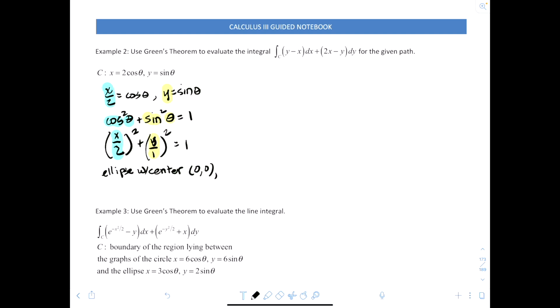And it's going to have a horizontal major axis. If you need to review your conics, you can go back to chapter 10.1, I think. And so let's see what the picture looks like here. So you would have something like this.